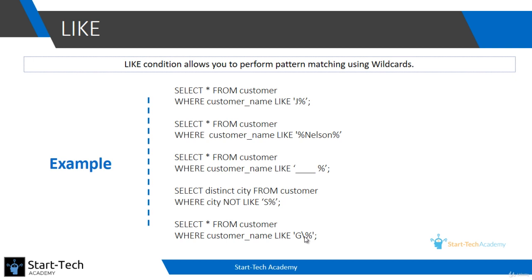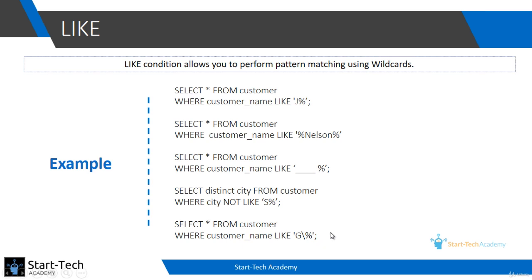So if you want this percent symbol to be considered as a percent symbol, you'll need to use this backslash, which is called an escape character. So if you run this query, select star from customer where customer name like G backslash percent, it will actually find a customer which has the name G%. Since we do not have any customer like that, I just wanted to show you this example, so we will not be running this query.